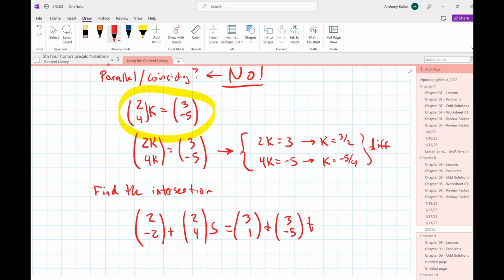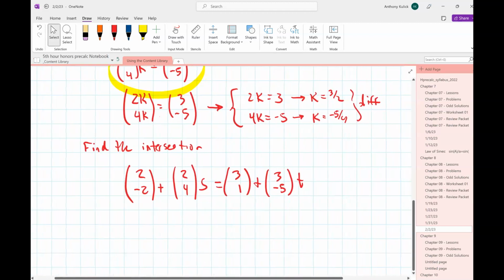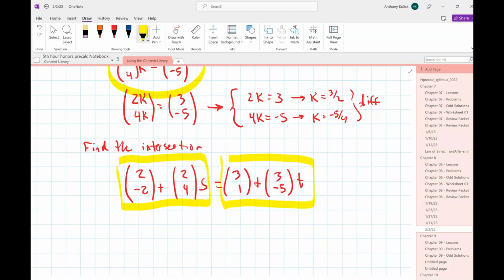So I'm just going to set the two vector line equations equal to each other, just like we would for a substitution problem, where we set our two equations equal to each other. I'm now going to do the vector operations on each side. So that's a scalar multiplication and a vector addition. When I do that, I get 2 plus 2s as my x component and negative 2 plus 4s as my y component.